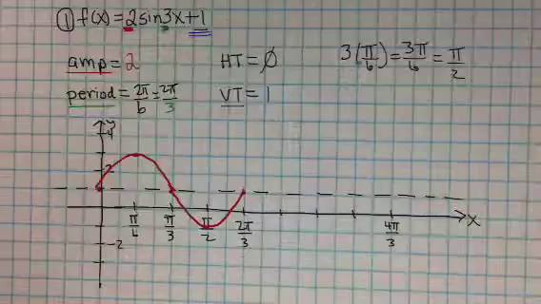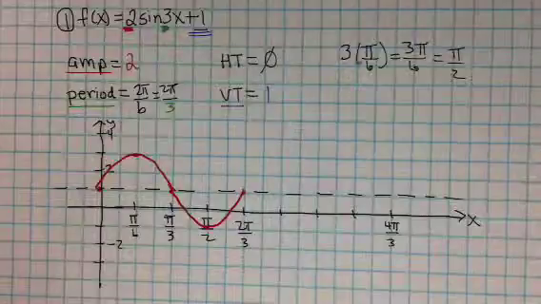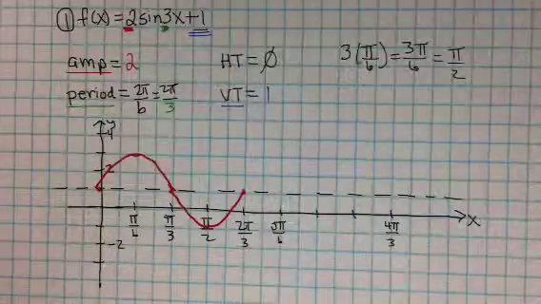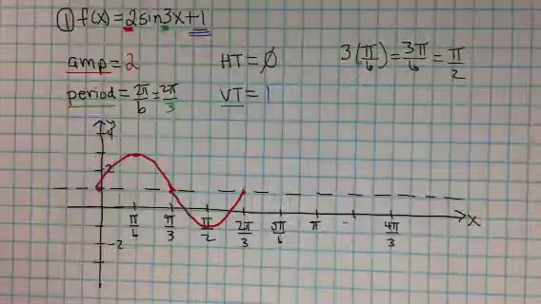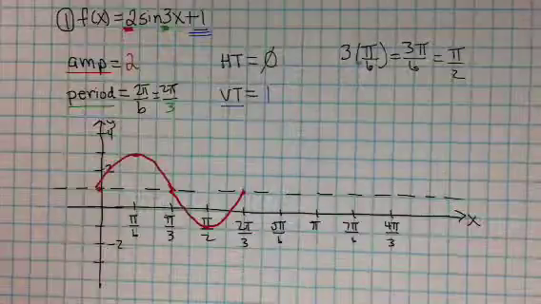And so every tick mark is a sixth. So after 2/3, which is actually 4/6, I've got 5/6. And then 6/6, which is pi. And then 7/6. So there's your x-axis labeled completely.